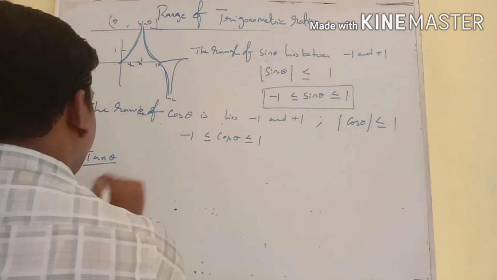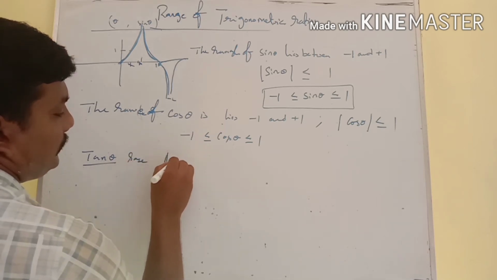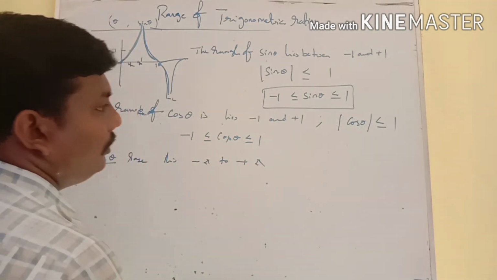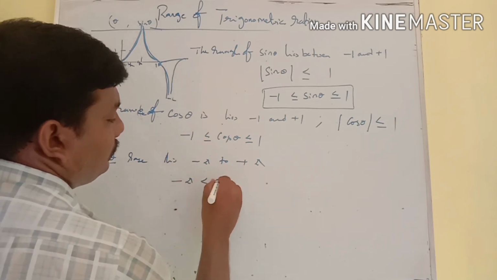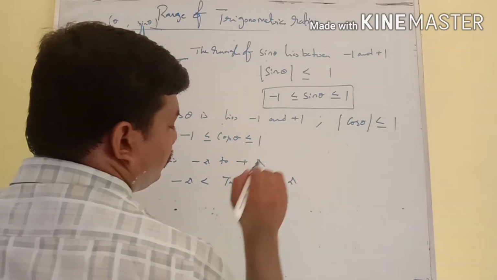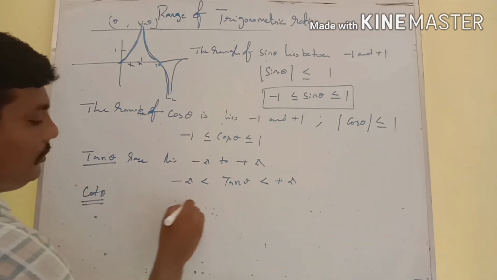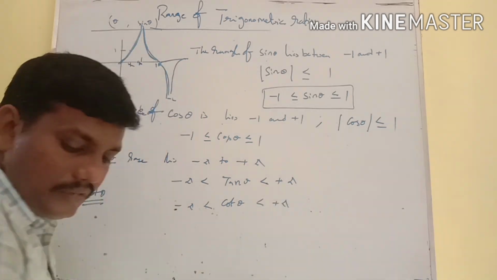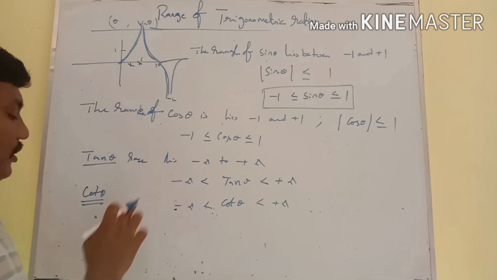So the tan range lies in minus infinity to plus infinity, that is, minus infinity less than tan theta less than plus infinity. Coming to cot, it is also the same: minus infinity less than cot theta less than plus infinity. This is about sine range, cos range, tan range and cot range.